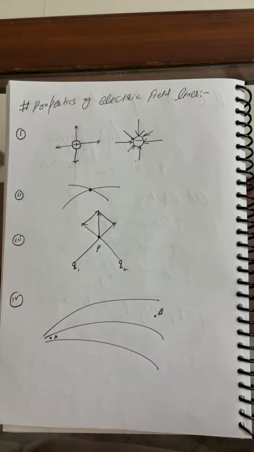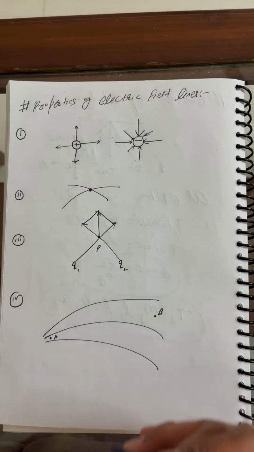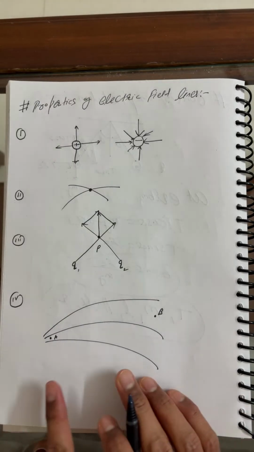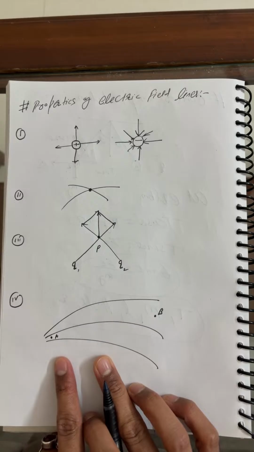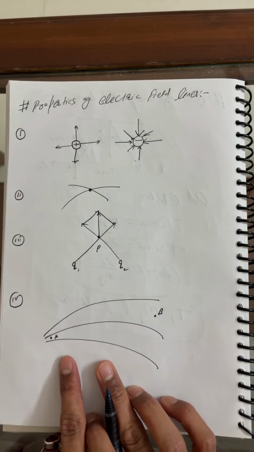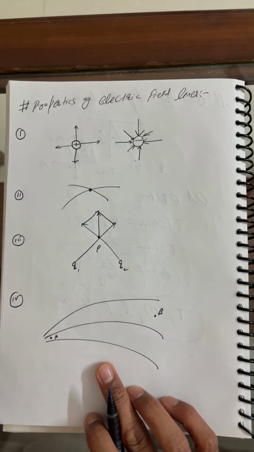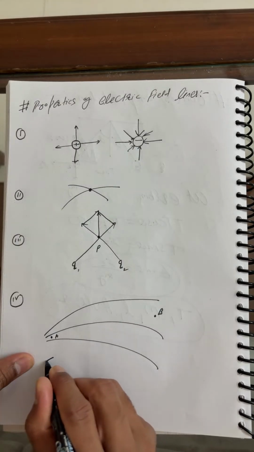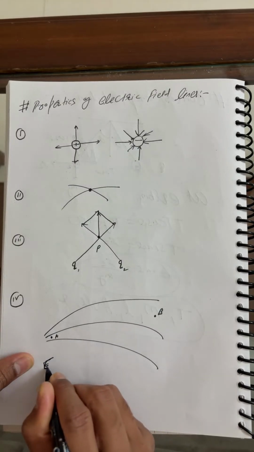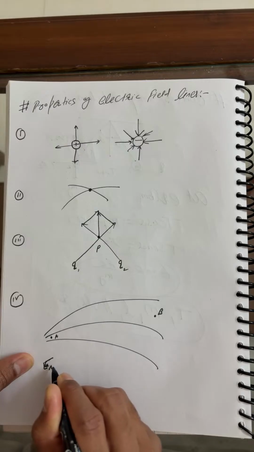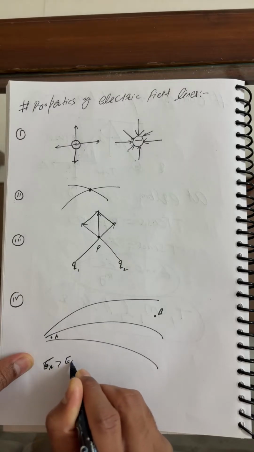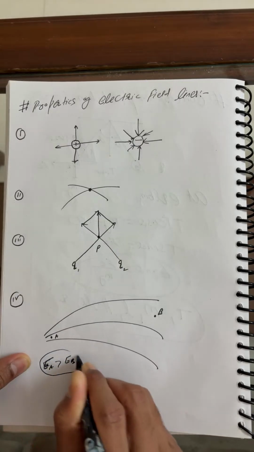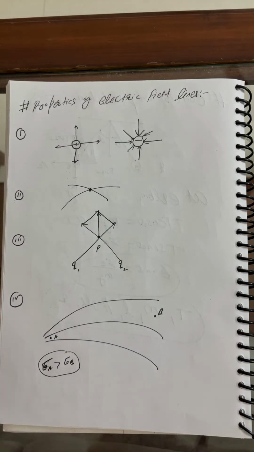So you can write here that the electric field at point A is greater than the electric field at point B.